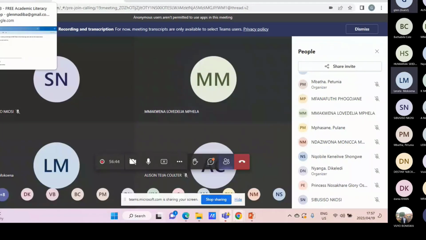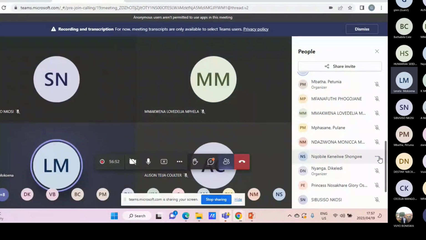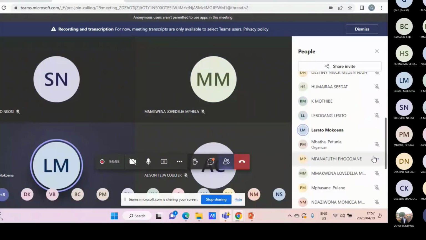Someone is talking. x3 is equal to 1 minus 7s, I think. Is it Lerato? Yes. x3 equals 1 minus 7s.